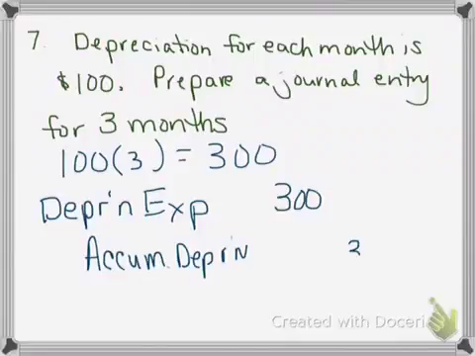Now, accumulated depreciation would be our credit account. And what accumulated depreciation is, it is a new account that's called a contra account. And what a contra account does is it holds the opposite normal balance from the account it goes with. Accumulated depreciation is a contra account to our fixed assets. So we could have a contra account to buildings, a contra account to furniture, a contra account to equipment.